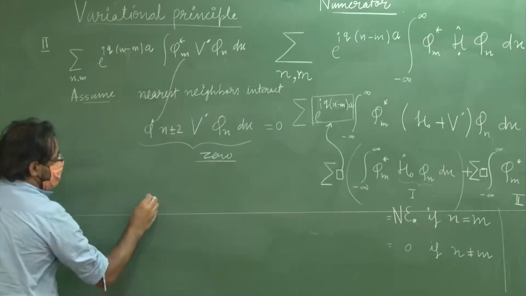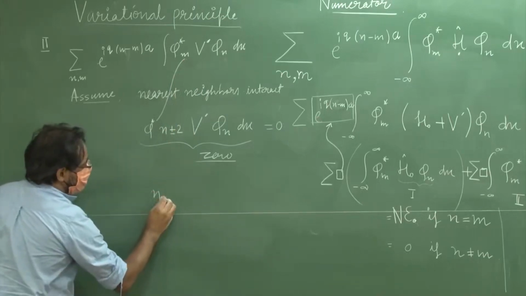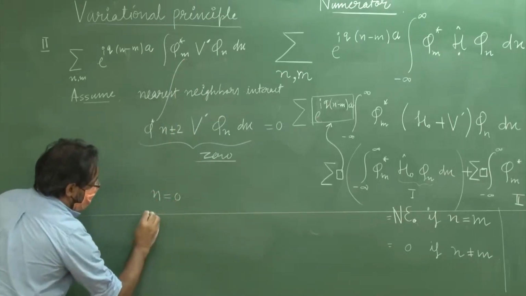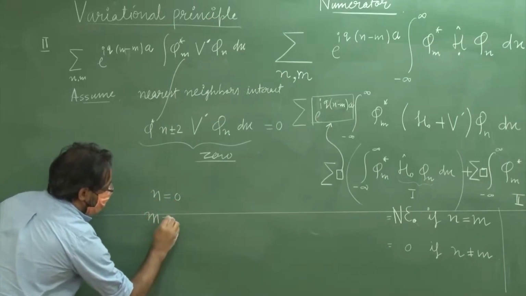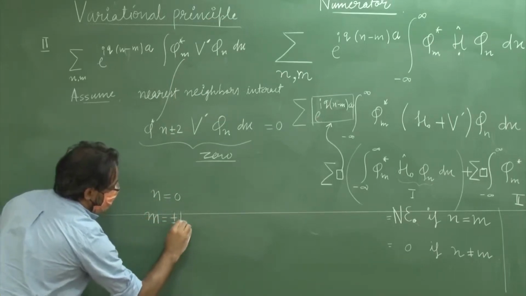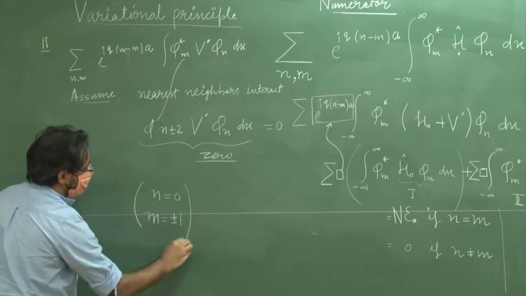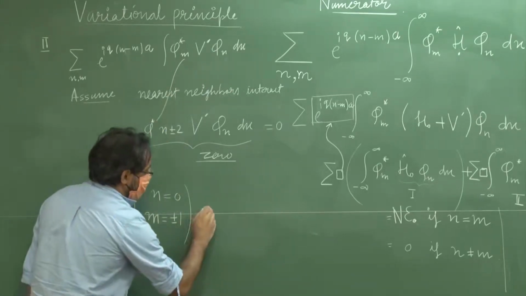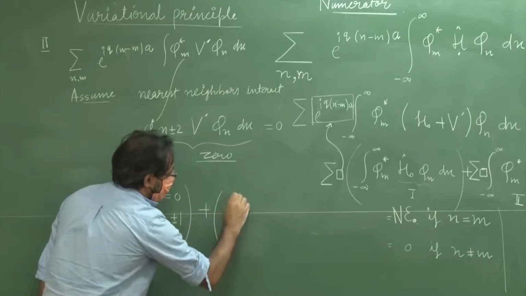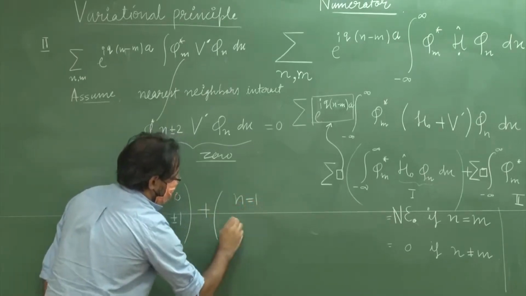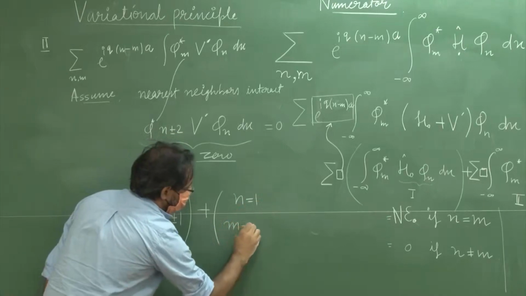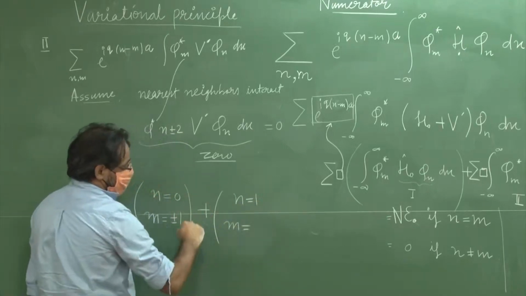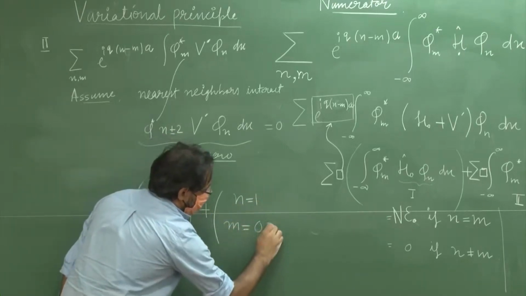So what kind of terms will you have? You can take n to be 0 and m to be plus or minus 1. That will give you one term of this integration. Then you can take n to be 1 and your m will be 0 and 2.